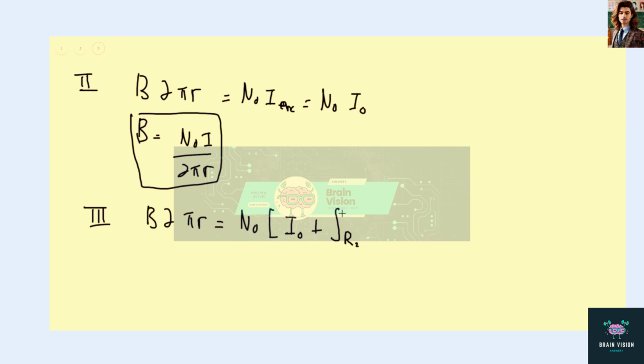So from R2 out to whatever point r we happen to be at, and we do J dA to find the current enclosed, so C2 times r, and then we integrate this with r prime as we've been doing, and so 2 pi r prime again, dr prime.